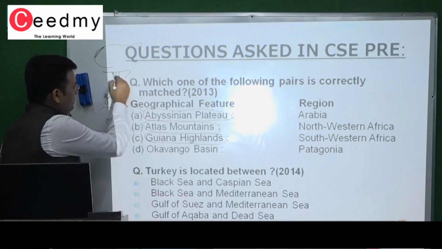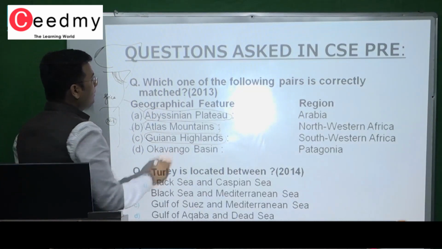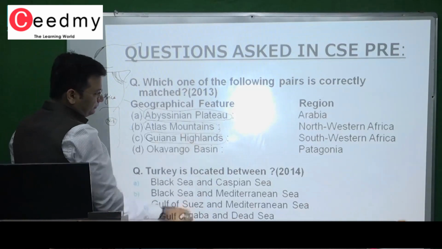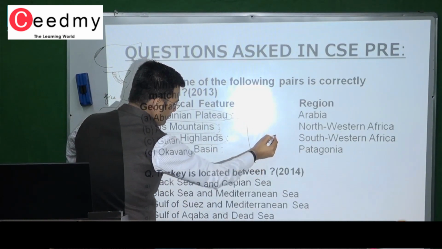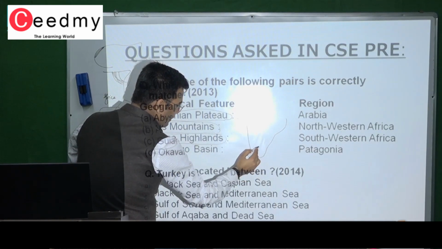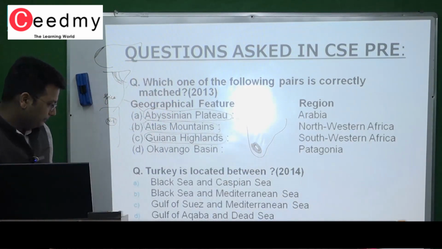Here you can find these highlands. And Okavango Basin, if you know Africa, I'm drawing here. Here you find the Okavango Basin. Okavango Swamp and Okavango Basin is here, not in Patagonia.